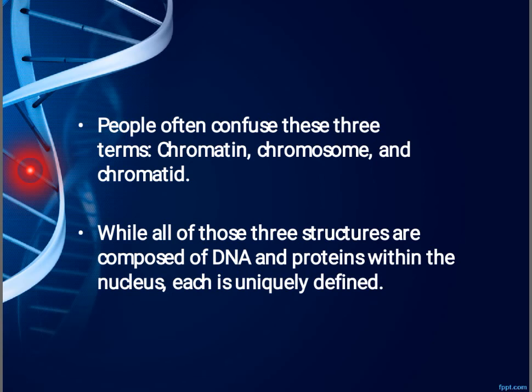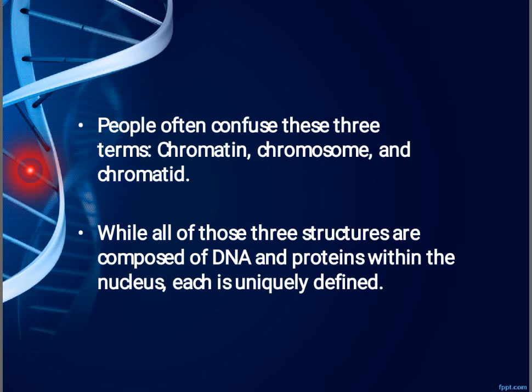While all of those three structures are composed of DNA and proteins within the nucleus, each structure is uniquely defined. And we will see chromatin, chromosomes, and chromatids because most people often confuse these three terms.